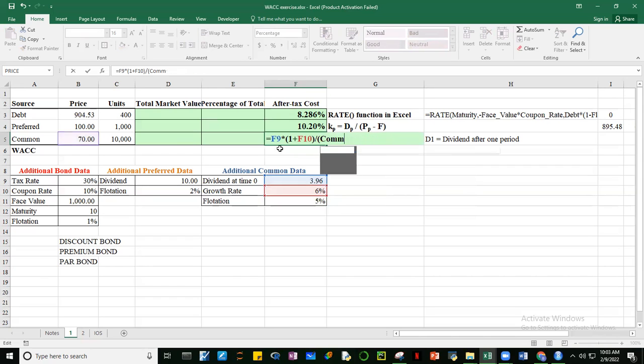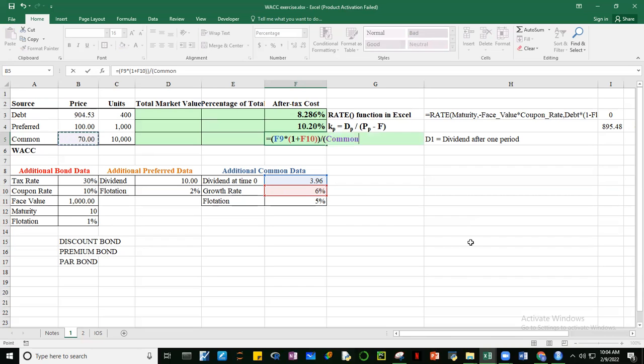Ulitin natin, ha? Let me repeat the formula. So D1, what's our D1? I-parenthesis natin. Our D1 is D0 times mag-grow siya ng 6%. So this is our numerator. And then divided by our denominator, the price of the stock now.